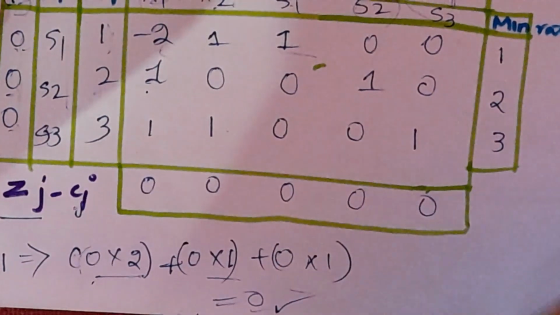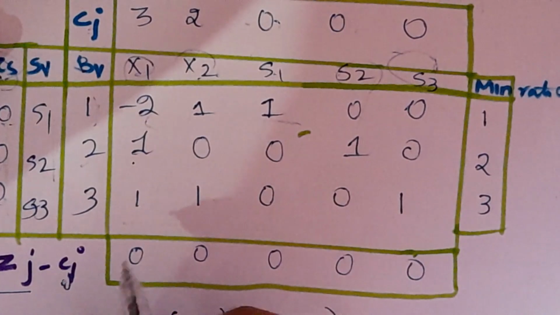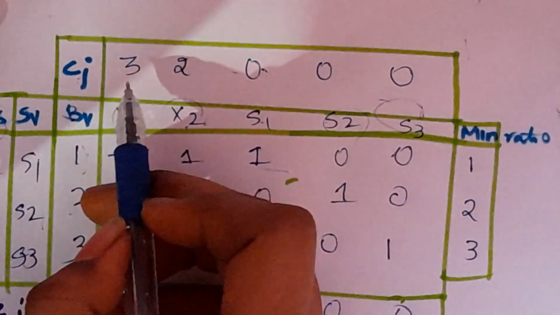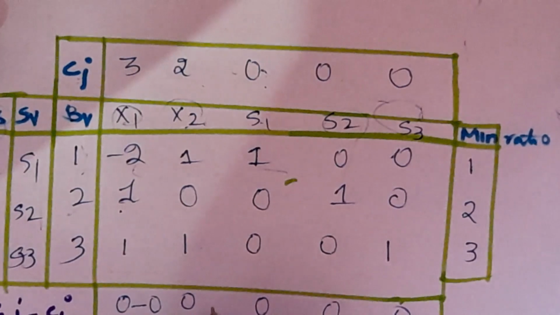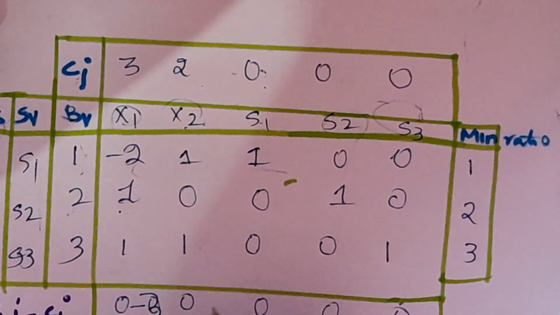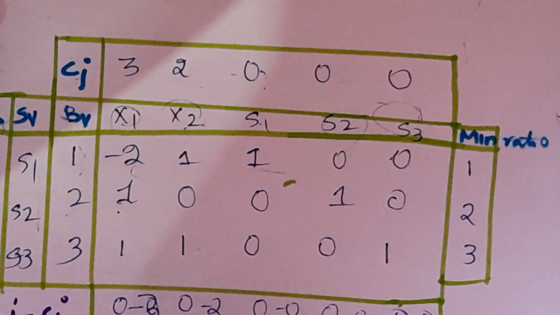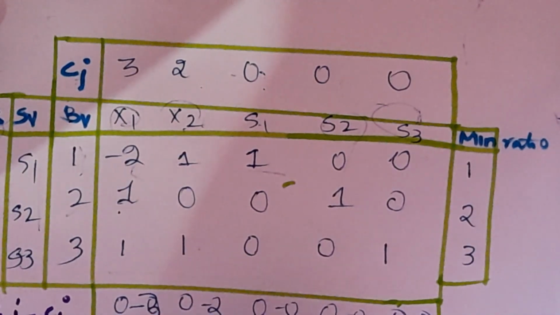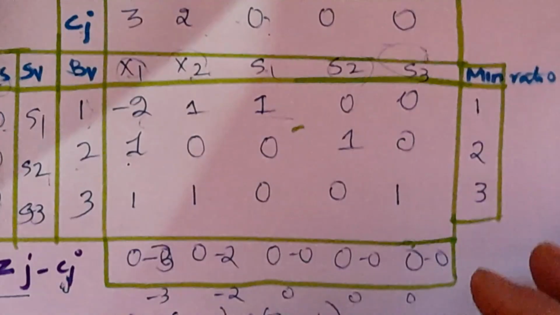Next we have to calculate Zj minus Cj. Here what are the values of Cj? We already have the Cj values 3, 2, 0, 0, 0, so Zj minus Cj is minus 3, minus 2, 0, 0, 0. Understand guys?